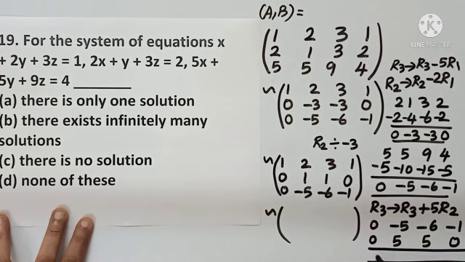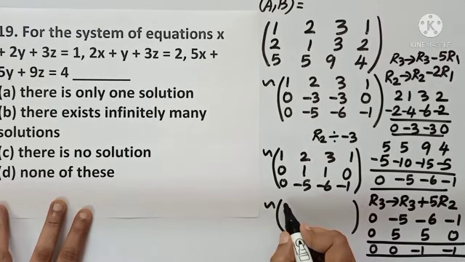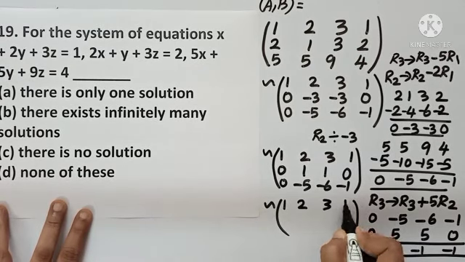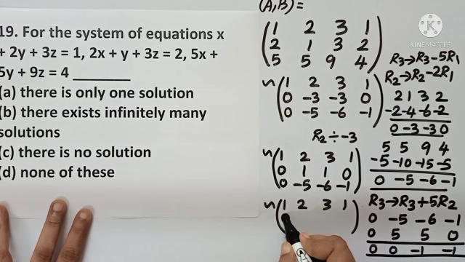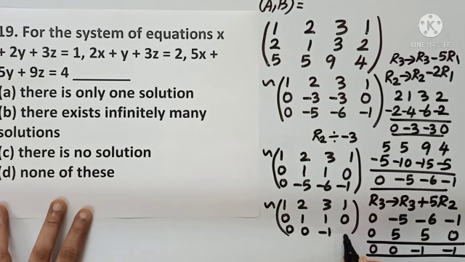My answer is 0, 0, minus 1, minus 1. So we get first row 1, 2, 3, 1, second row 0, 1, 1, 0, third row 0, 0, minus 1, minus 1. Now it is echelon form.